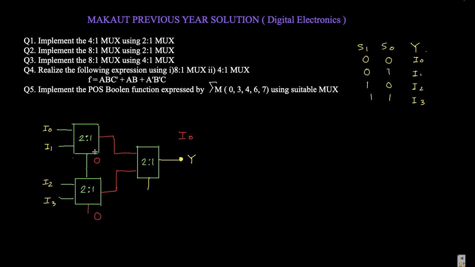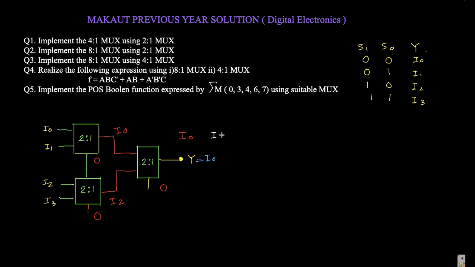So I0 is selected from this MUX and I2 is selected from this MUX. Here again we take 0 to select I0, because if it is 0 then it is I0, if it is 1 then it becomes I1. Now I0 we are getting. Now the second point is that we want to take I1.